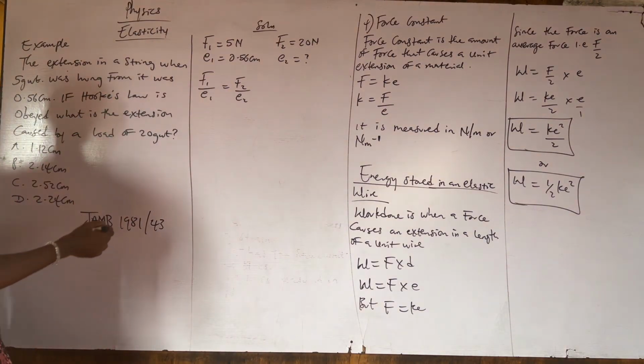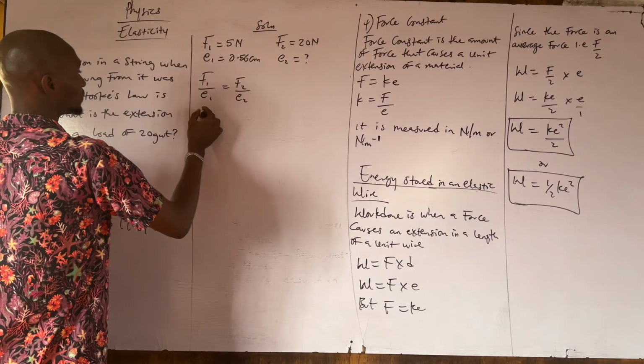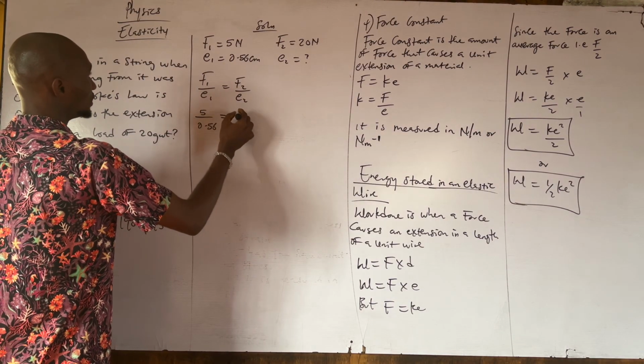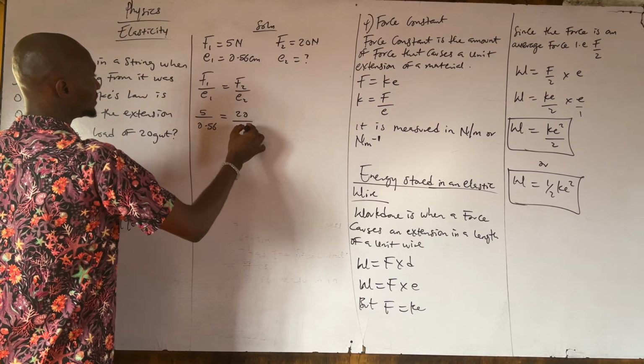Is that correct? So F1 is 5 Newton over E1 is 0.56, equal to F2 is 20 over E2.